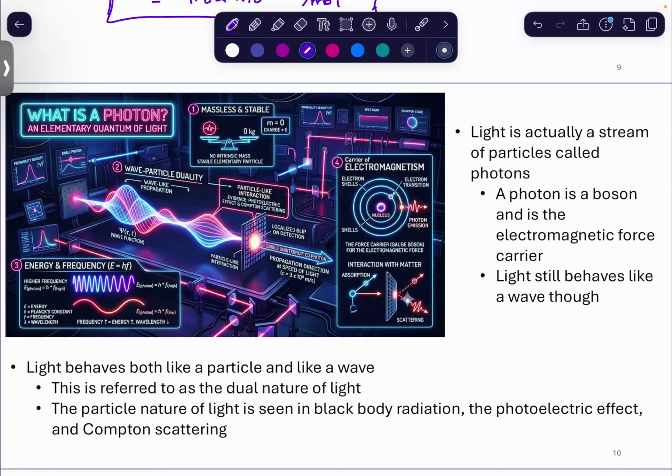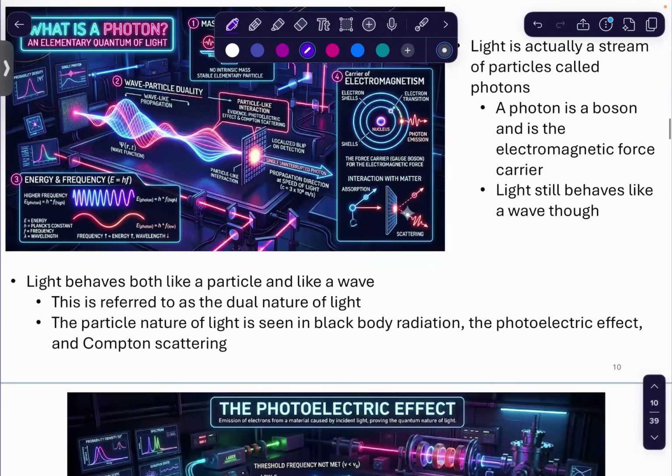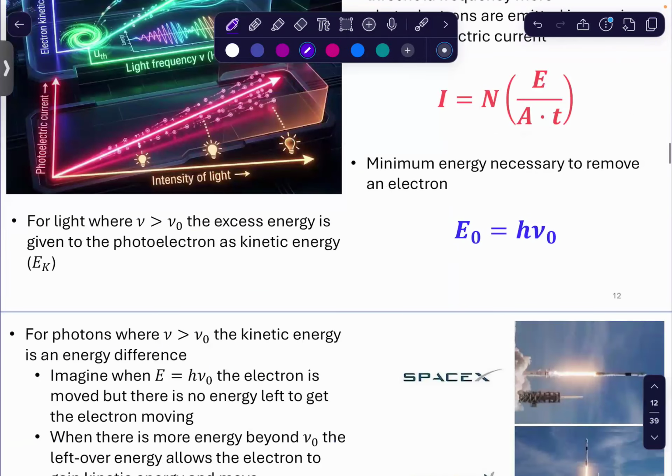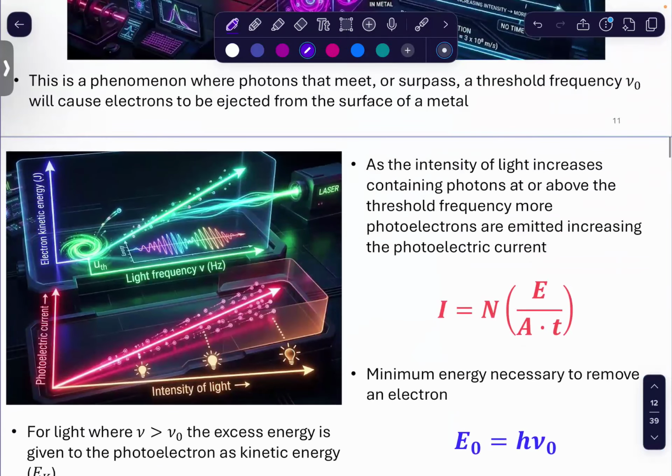A good example of seeing the particle nature of light is something that happened in experimentation called the photoelectric effect. So when you have photons that hit, what's called, let's see, threshold frequency.